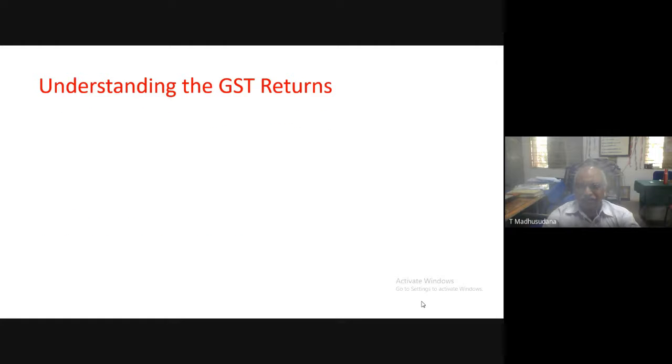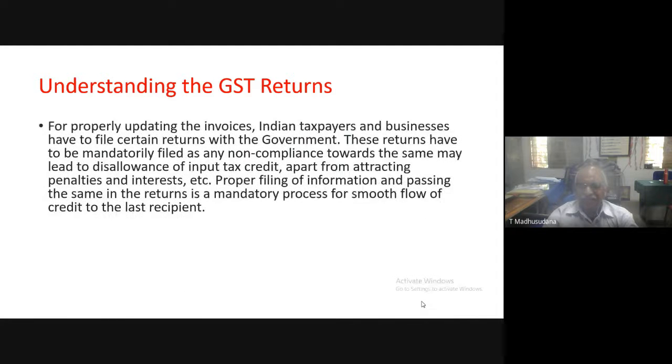What are GST returns? What do you mean by GST returns? For properly updating the invoices, Indian taxpayers and businesses have to file certain returns with the government.